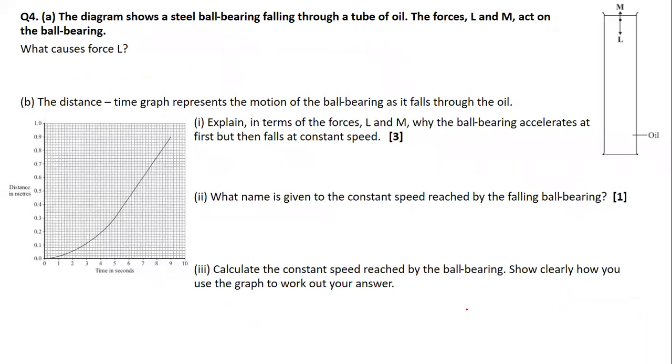Okay. Next, the diagram shows a steel ball bearing falling through a tube of oil. You drop it. The forces L and M act on the ball bearing. There is a force L acting here, M acting there. What causes force L?